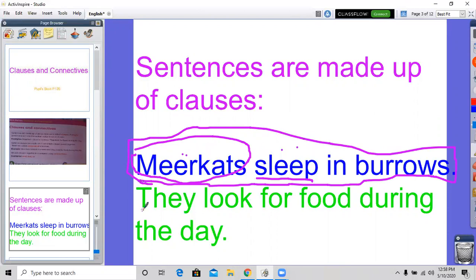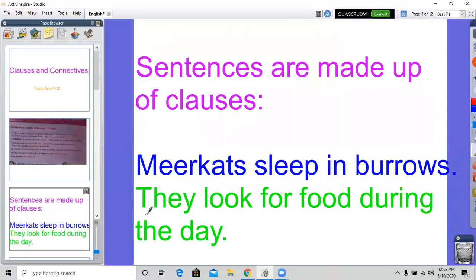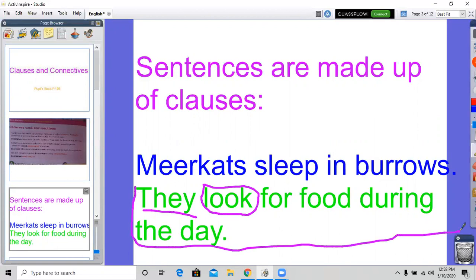So look at the second sentence. They look for food during the day. This is another simple sentence. Why? They, the subject, we're still talking about meerkats, look, the verb. We have a subject, we have a verb, and it's a simple sentence.